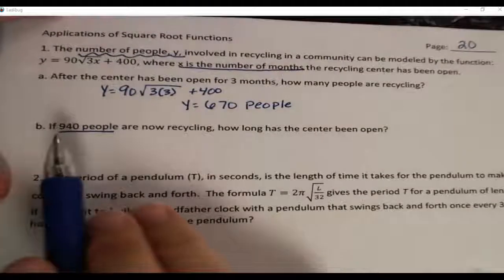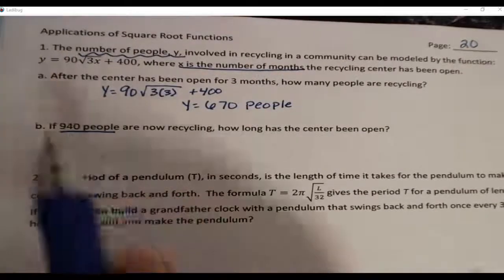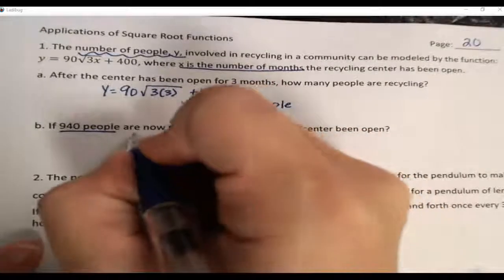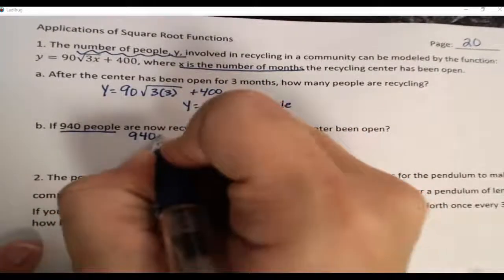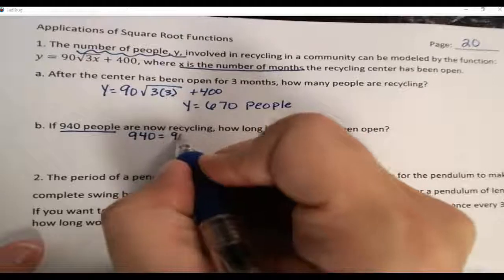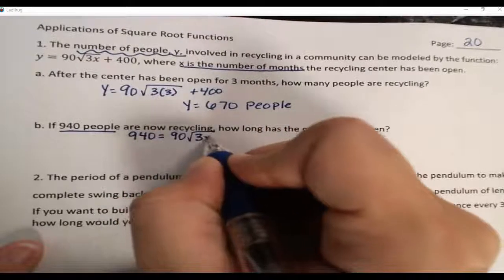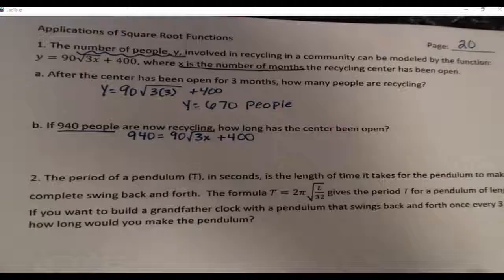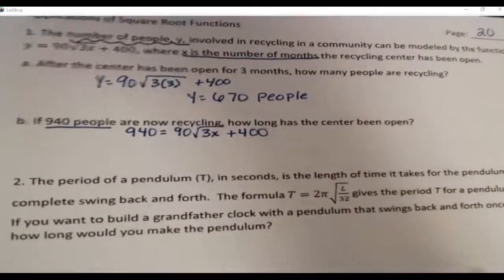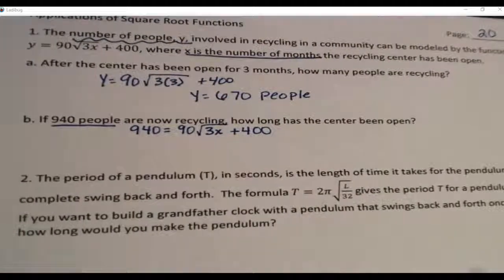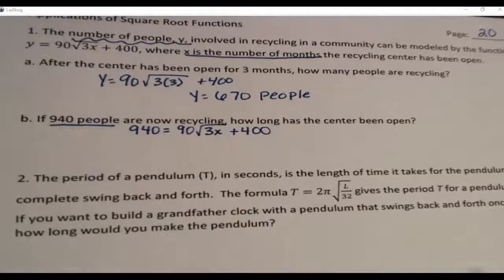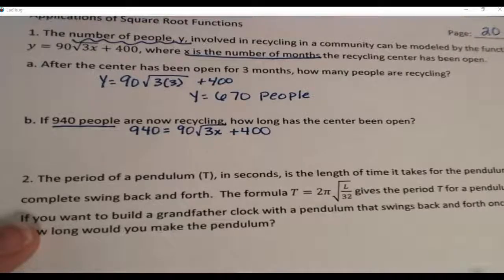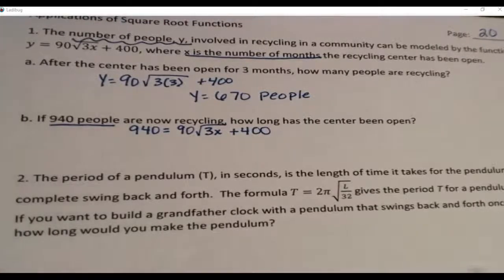Y. So this time we take 940 and we're plugging it into Y. Well, now we have to solve for x, and this is kind of what we were doing yesterday.